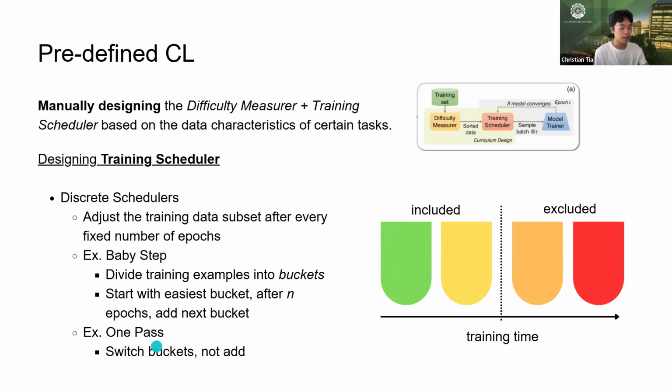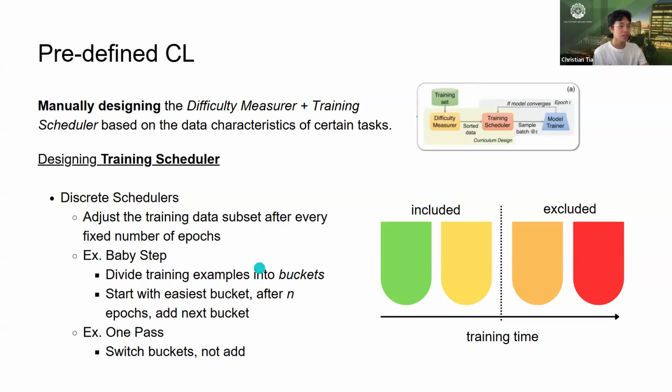There's also another algorithm called one pass, which actually switches buckets and doesn't add. This is one of the definitions that relaxes that second condition that I mentioned a while ago, where the weights need to be non-decreasing, because here, you actually put the weights back to zero for the early examples when you're switching.